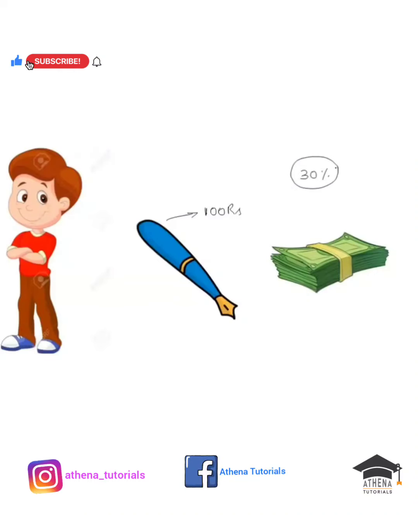Guys, it's very easy. What is the discount percent? It is 30%. And what is the cost of the pen? It is 100 rupees. So we need to calculate 30% of 100 rupees. So 30% is the discount value and 100 rupees is the cost of the pen.